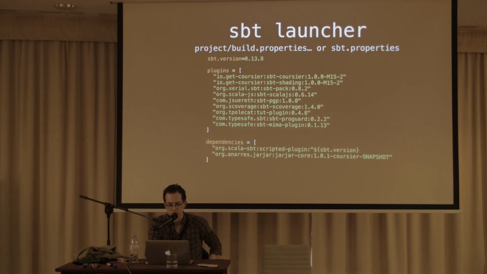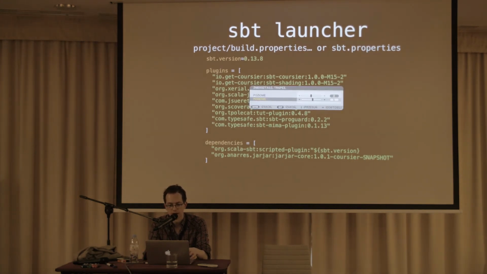I can show you just after, but it proposes to do a few new things. When you have an SBT project, you set in the project/build.properties file the version of SBT. You say SBT version equals 0.13 something, and what the Coursier launcher does is it offers to read more stuff from that file.